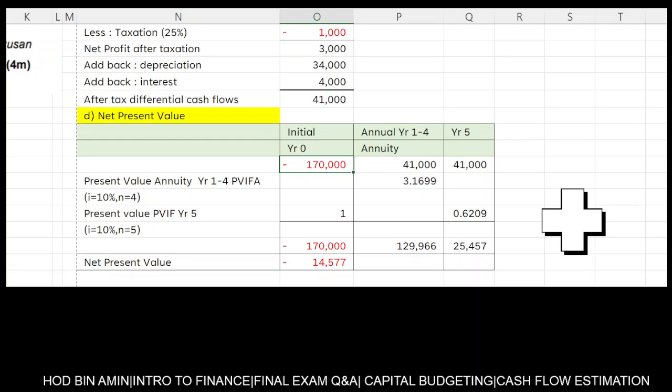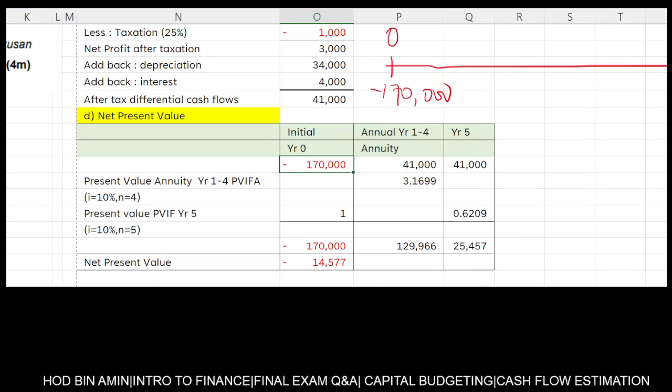And for year 1 to year 4, if I draw this, year 1, year 2, year 3, year 4, and year 5.